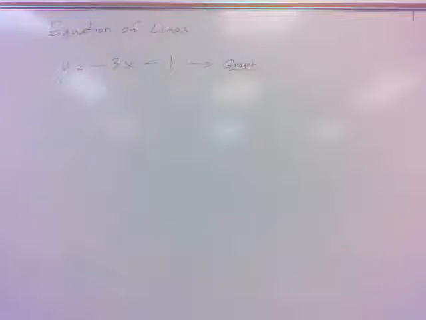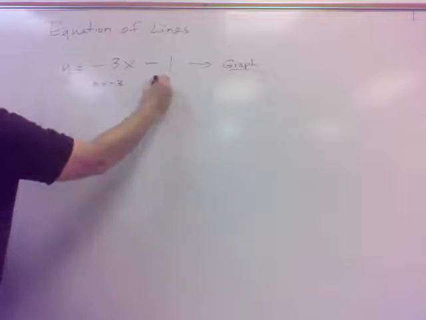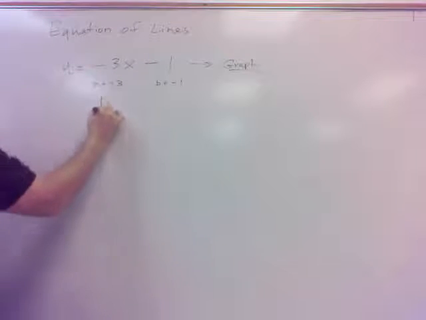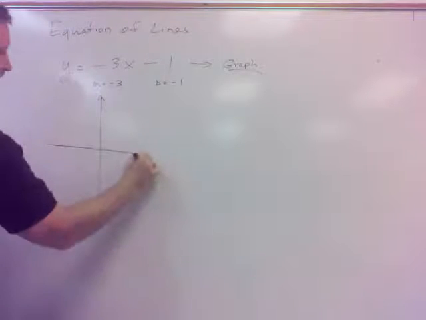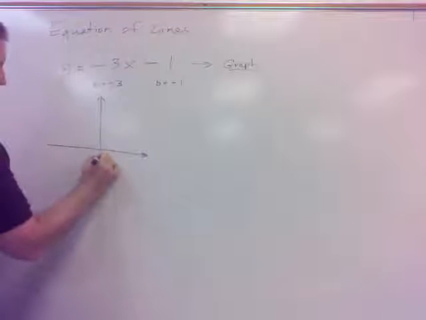Well, that's our so-called y equals mx plus b line again, isn't it? Where in this case I've got m is negative 3 and b is negative 1. So what's this one going to look like? Well, the b tells me the y-intercept. So it's going to cross the y-axis at negative 1.